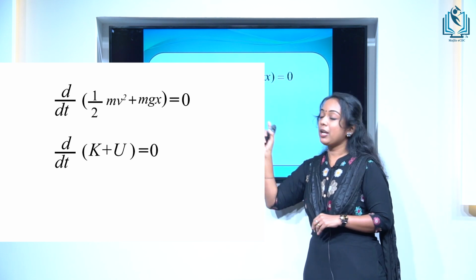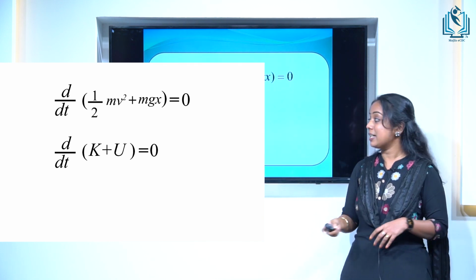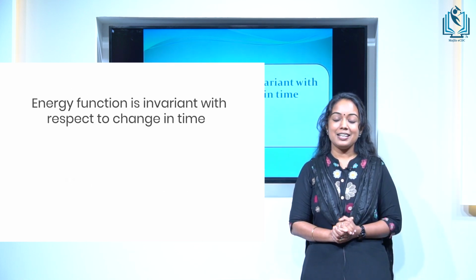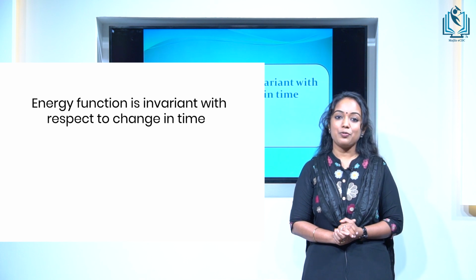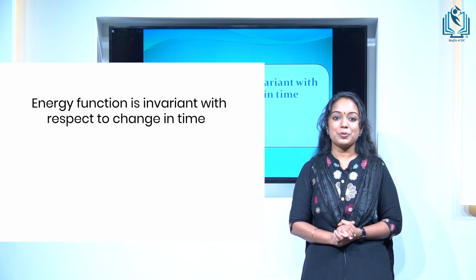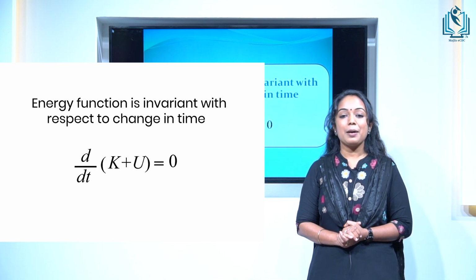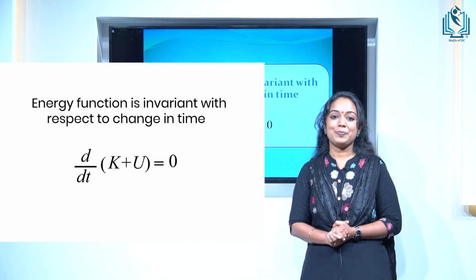If d by dt of K plus U equal to 0, we can say that K plus U must be a constant. From this, it is clear that the energy function is invariant with respect to change in time, that is d by dt of K plus U equal to 0.